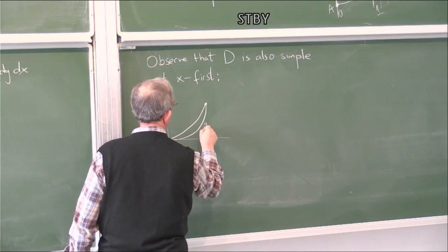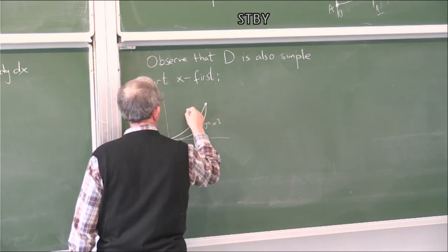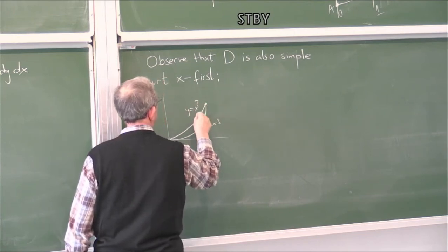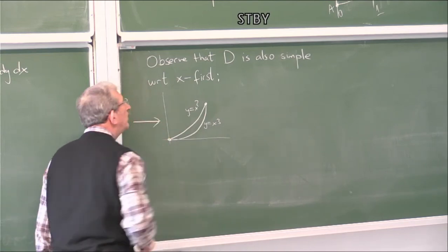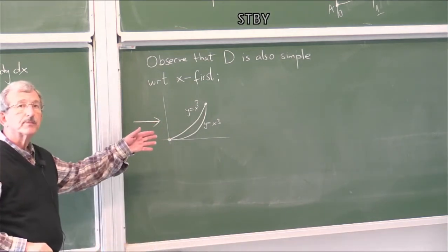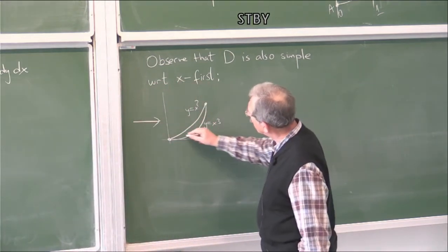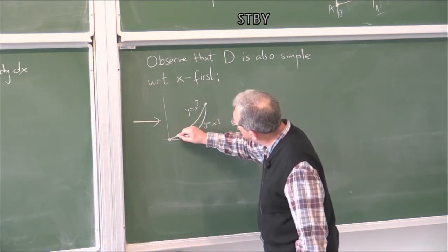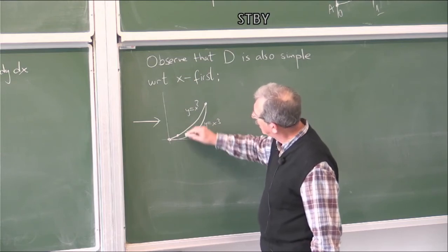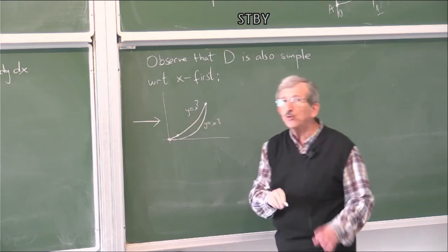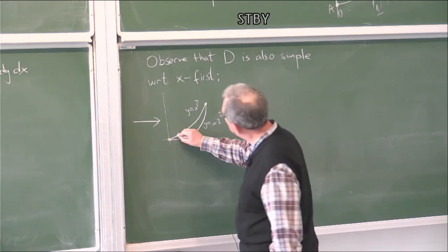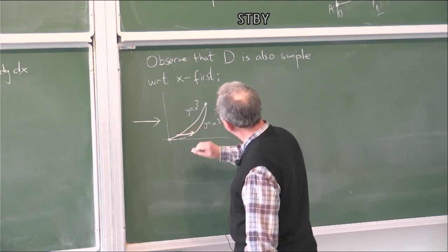This was y is x cubed. This was y is x squared. But now we look in the x direction. So, obviously, when we move in the x direction, we hit the region D at the y is x squared curve, and then we leave it from the cubic.